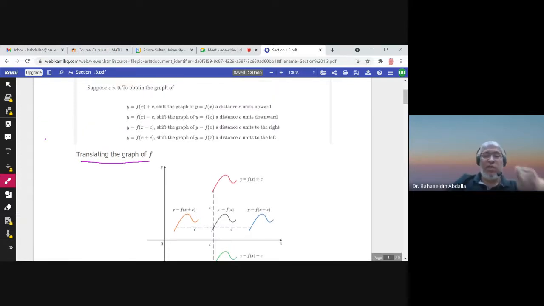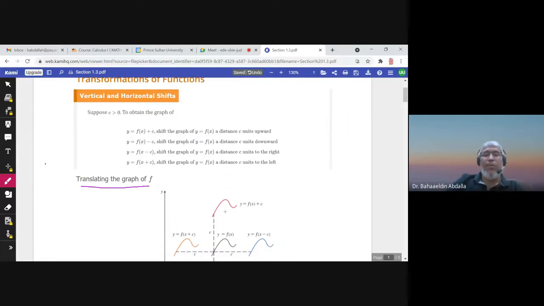If the function is y equals f of x, then if you add c, this means you will shift the graph of y equals f of x c units up. If you subtract c, remember that c is positive. So if it is plus 2, for example, 2 units up. If it is minus 2, 2 units down.